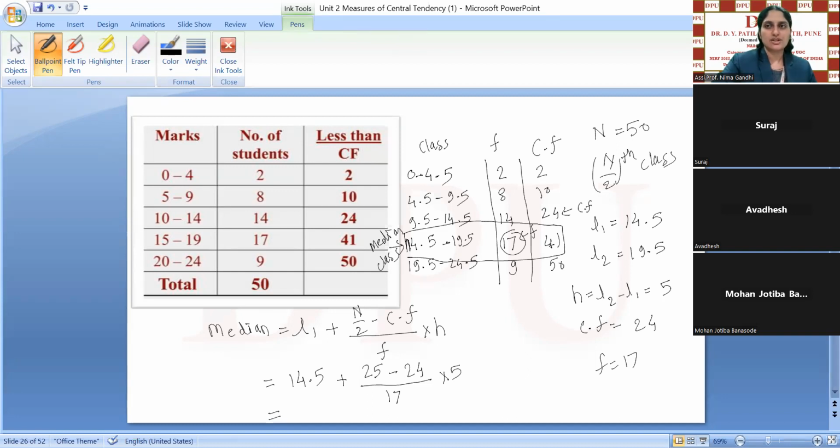Now simple calculation is required, that is 5 divided by 17. 5 divided by 17 is 0.294. So if you add this, you will get your answer.